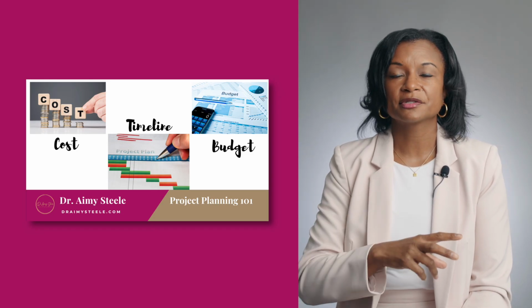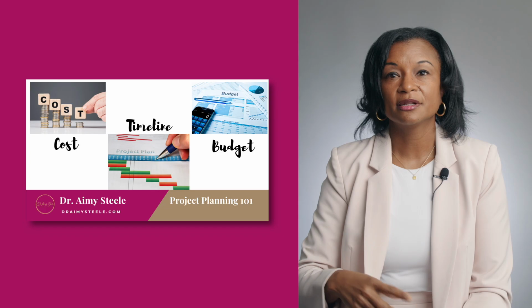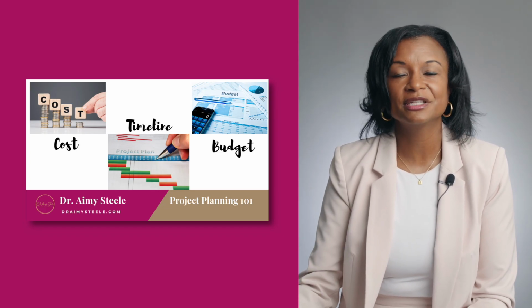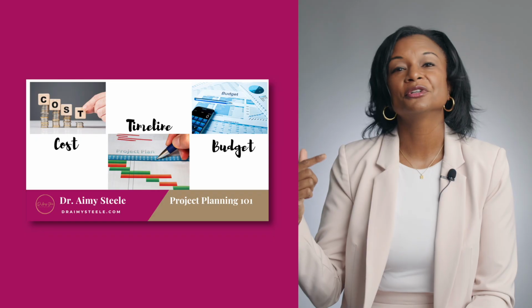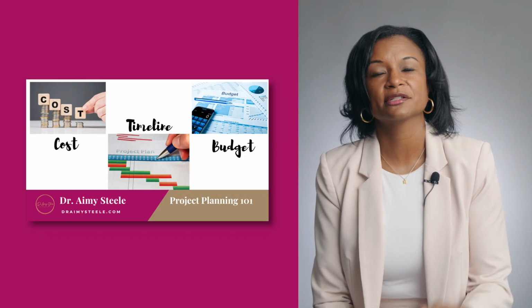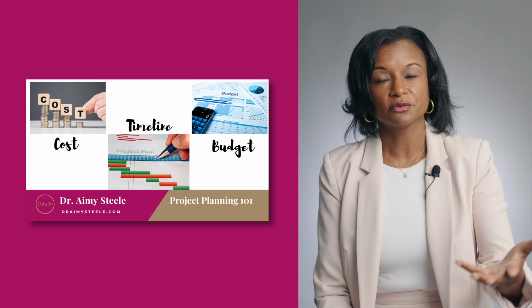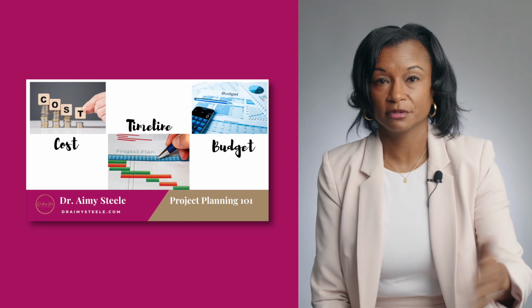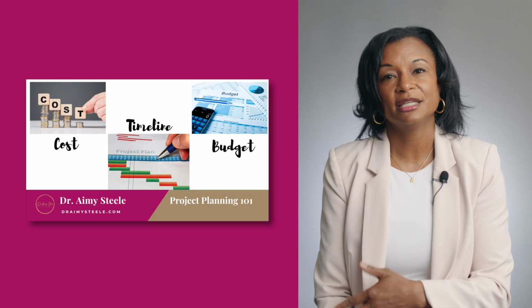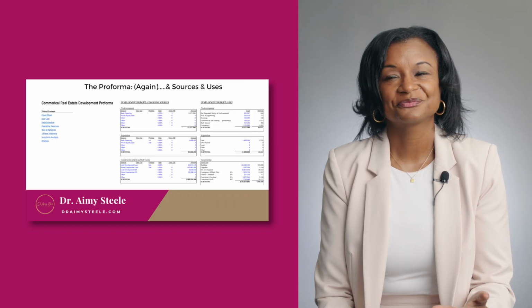The budget factors in the future. It factors in operating expenses for a year after the development finally finishes and people are hired or the property is sold, and what is it going to take to keep the project going, or to terminate the project and get rid of the project altogether. So you need the cost, you need the timeline, and you need the budget in your project plan.